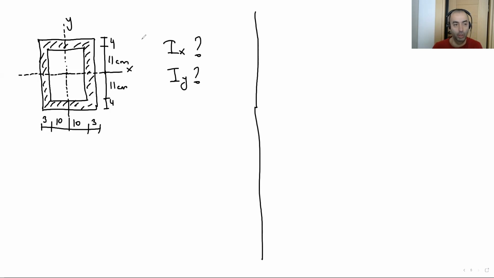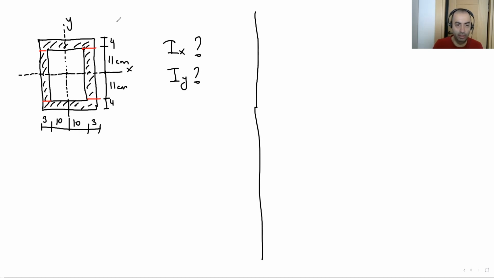You can divide this box section into, for example, 4 different rectangular sections from here, here, here. You have 1, 2, 3, 4, four different rectangular sections, and you can calculate the Ix.